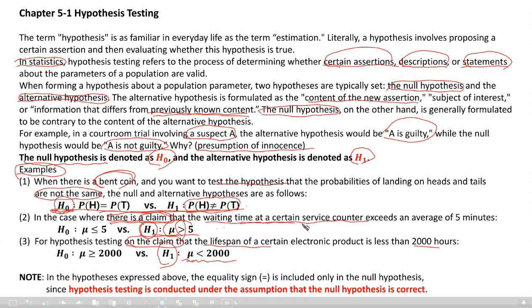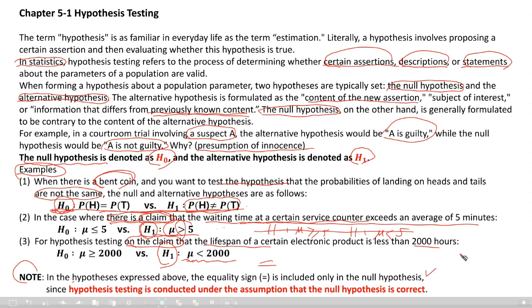For the same argument, some people say H0 is mu greater than or equal to 5, H1 is mu less than 5, something like that. It's wrong. You should not set it up this way, okay? This is wrong. Note, in the hypotheses expressed above, the equality sign is included only in the null hypothesis.